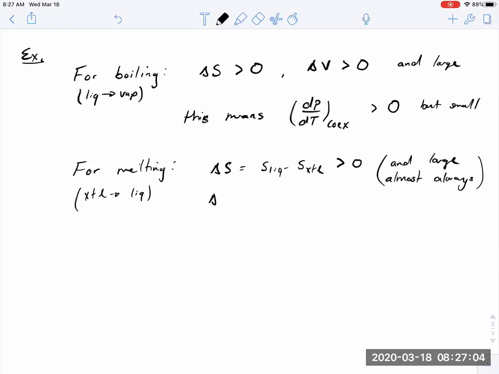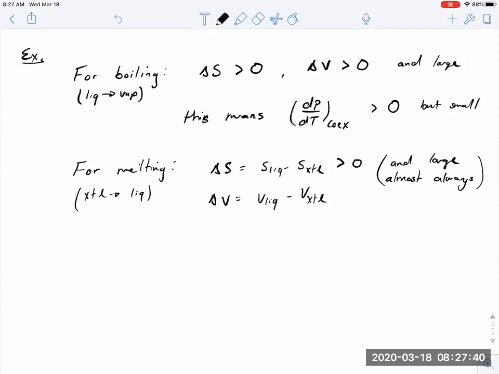Okay, what about the corresponding change in the volume? How do we expect the volume of the liquid relative to the crystal to be? Do we expect the volume of the liquid to be larger than the volume of the crystal, or vice versa? Oh, we don't really know, right? If I was to cool carbon dioxide and freeze it, the volume of its crystal would be smaller than its liquid.